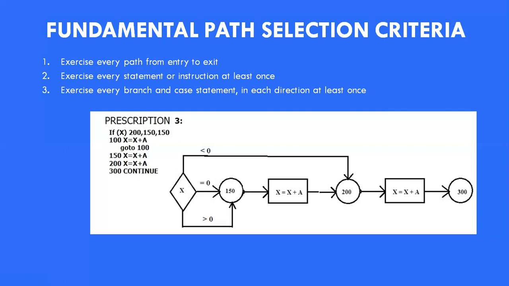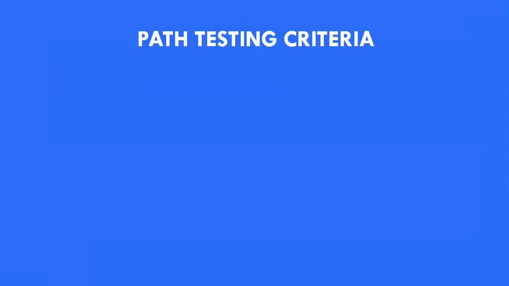Now let us see the path testing criteria. Any testing strategy that is based on paths must at least both exercise every instruction and take branches in all directions.